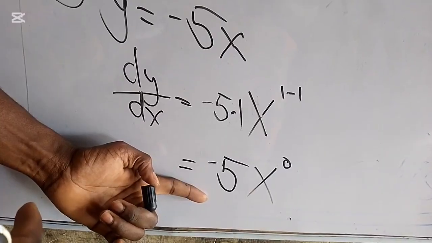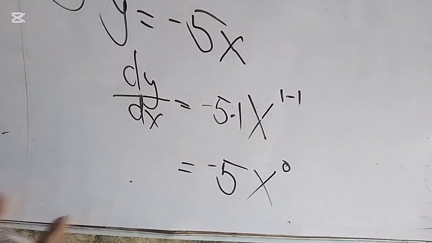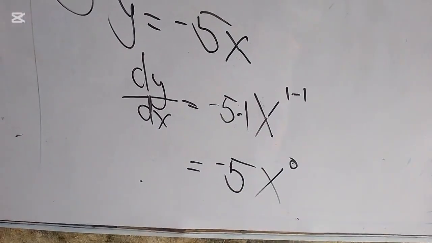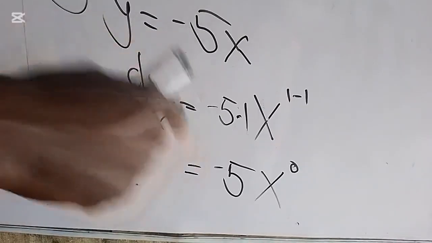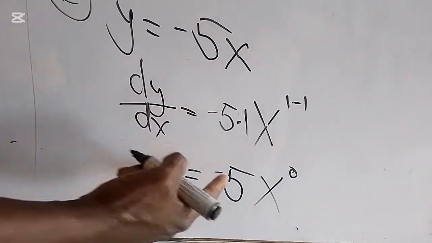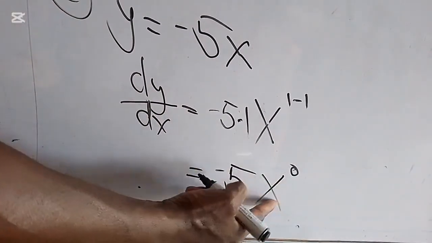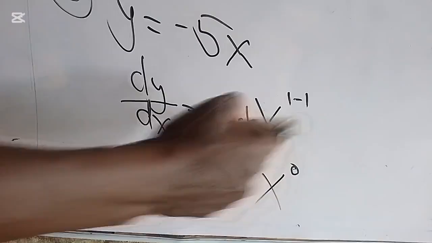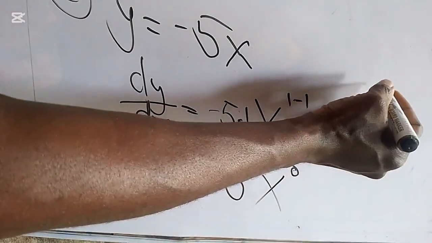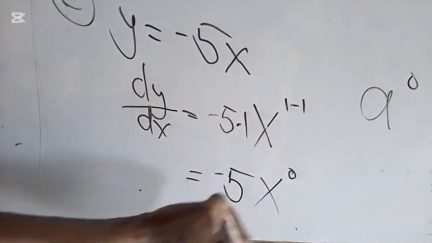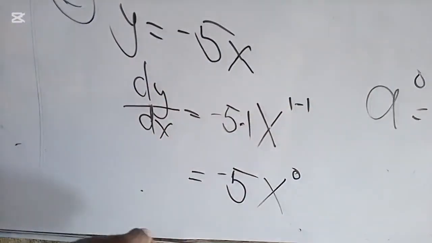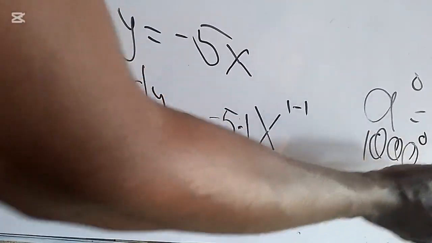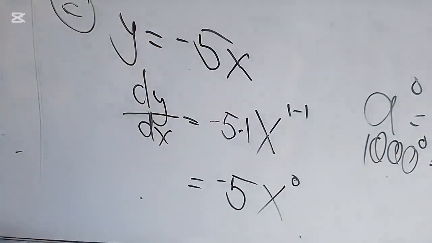This is not our last stop. We can still do something. Our indices tell us that any number or variable that has an exponent of 0 is 1. For instance, a exponent 0 is equal to 1. We have 10,000 or 1,000 exponent 0 is the same as 1.